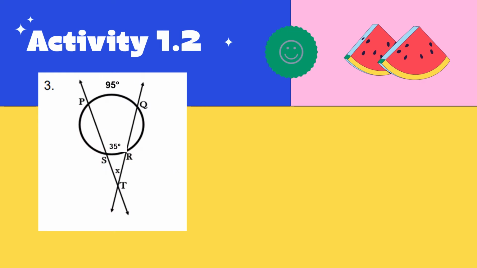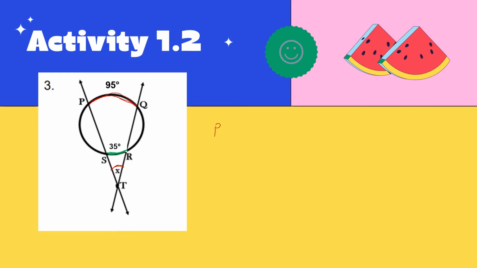Number 3, so we have here 2 secants intersecting at a point outside the circle. So we have here 2 intercepted arcs, arc PQ and arc SR. Obviously, arc PQ is the bigger arc. So, how do we get the measurement of the angle formed here? We subtract the two intercepted arcs and then divide by 2. So, bigger arc minus smaller arc, divided by 2.